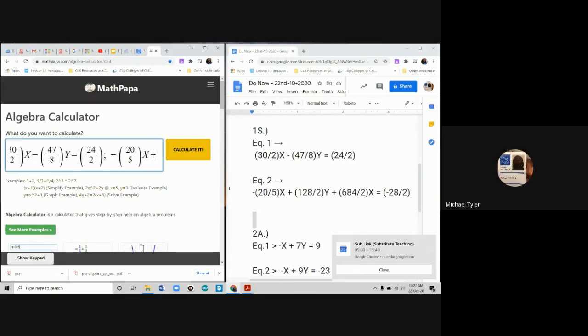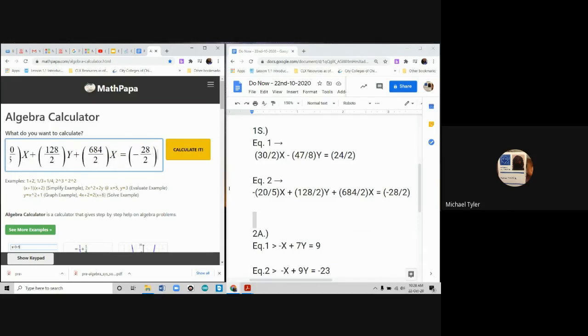Plus we have parentheses 128 divided by 2, press over 1, close parentheses, y plus, parentheses, 684 divided by 2 over, and I think this is x, equals parentheses minus 28 divided by 2. Press over because I don't want parentheses of 2, but I want parentheses everything.